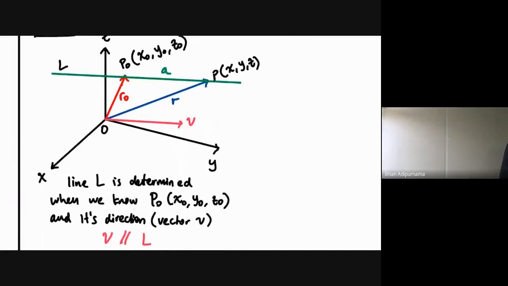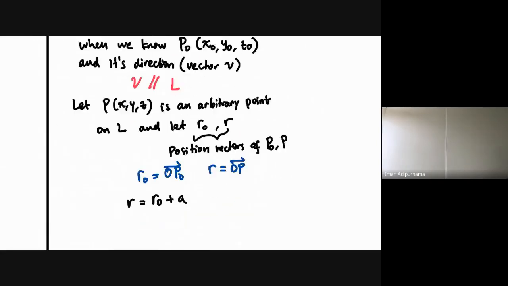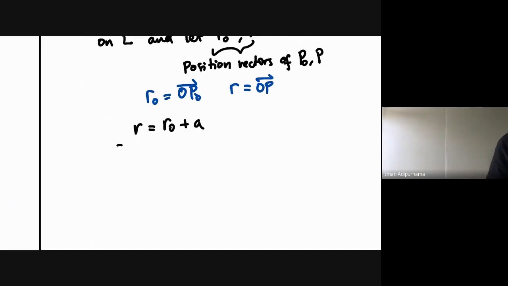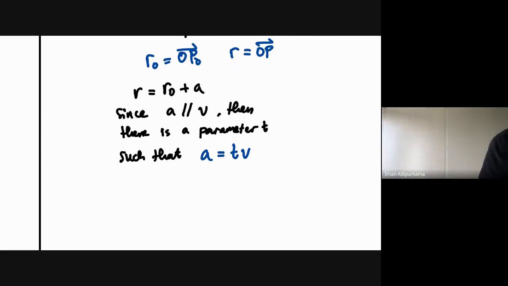Okay. So vector R is equal to R0 plus A. And since A is parallel with V, there is a parameter T such that A will be equal to some T multiplied by V. Okay, and T is a scalar.